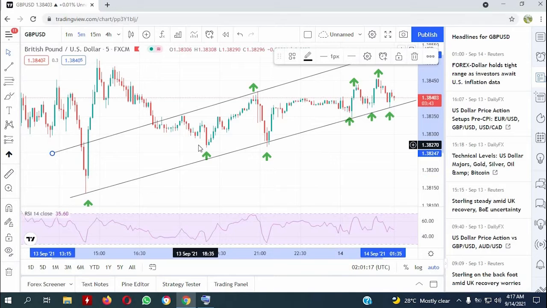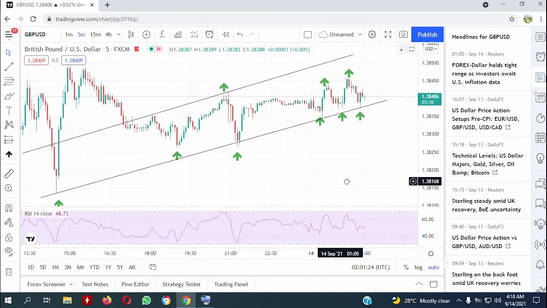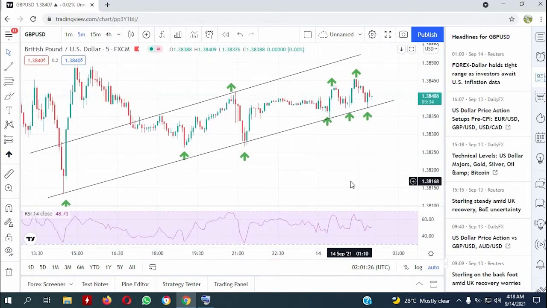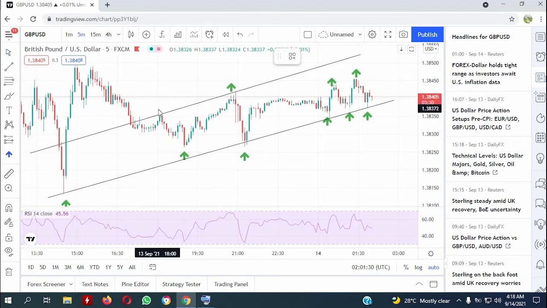So all I'm doing right here is my technical analysis. I'm surveying the market for the right buying opportunity because the market is in a bull trend. So let me add another marker right here. That is a higher high.